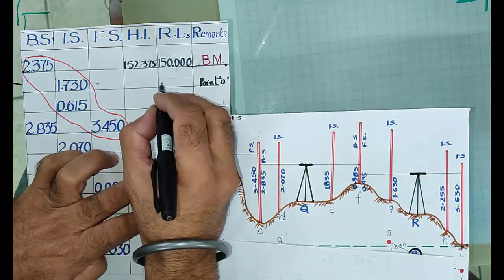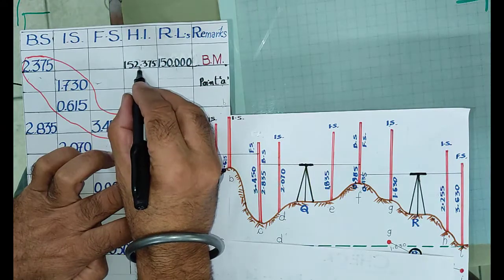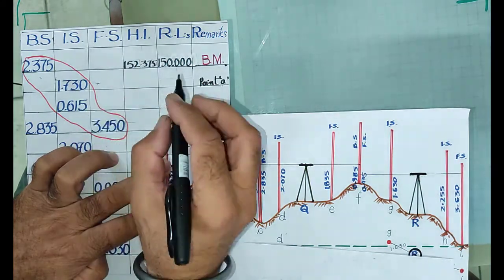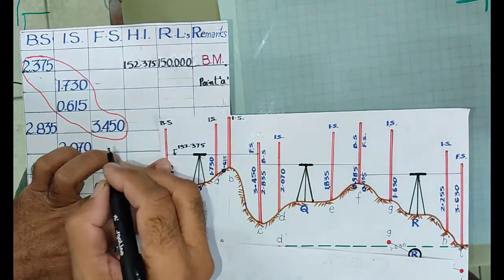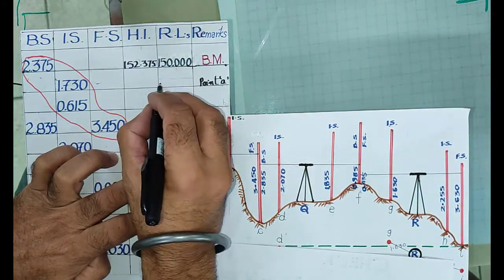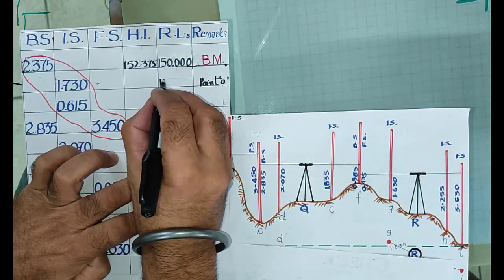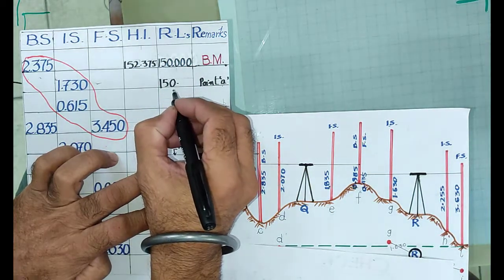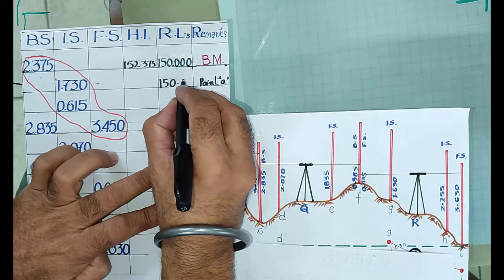Its RL is height of instrument minus 1.730, this comes to be 150.645.